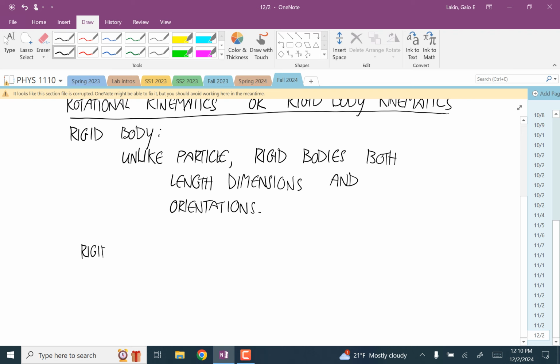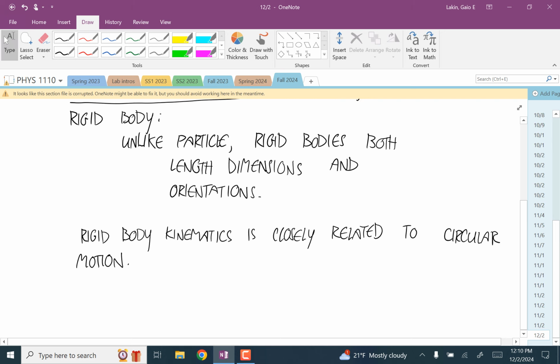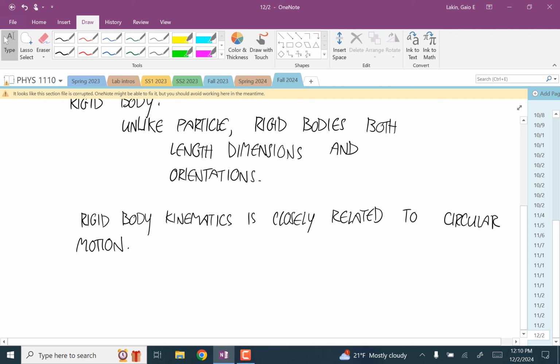Rigid body kinematics is closely related to circular motion. So just remember these two definitions.